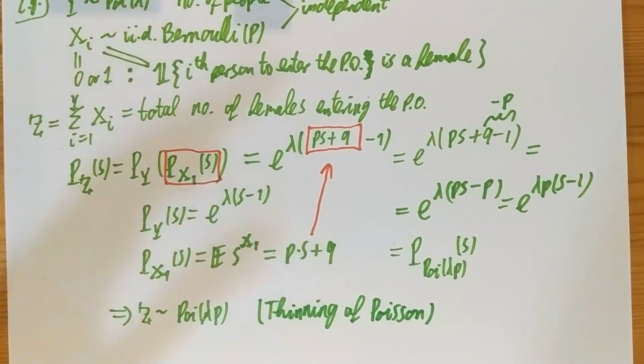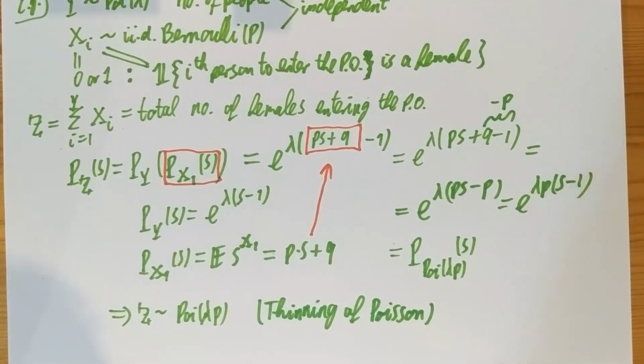If you drop every count with some probability and keep every count with some other probability independently, then the ones you kept is Poisson again, except the expectation of course changes from lambda to lambda p. In fact, the ones you dropped is of course also Poisson, so if you want to count the number of males, that's going to be again Poisson lambda times 1 minus p. And one thing we don't see from this argument is that these two will actually become independent. But that's a story for a different video perhaps.